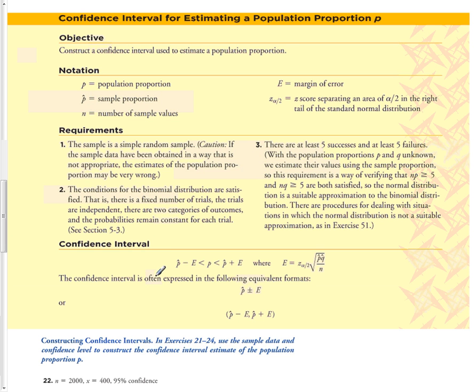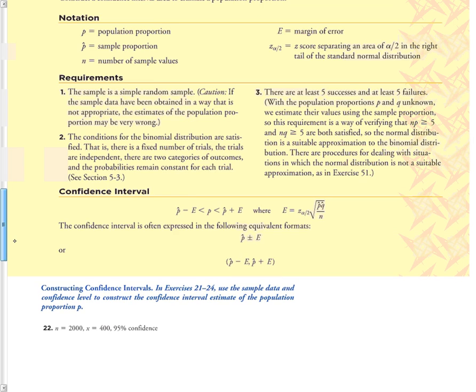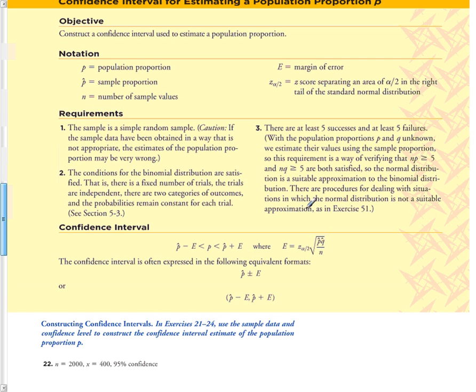One for population proportion, one for a population mean with sigma known, and one for a population mean with sigma not known. And once we have a point estimate, all we have to do is take our point estimate and add and subtract the margin of error like we're doing right here.